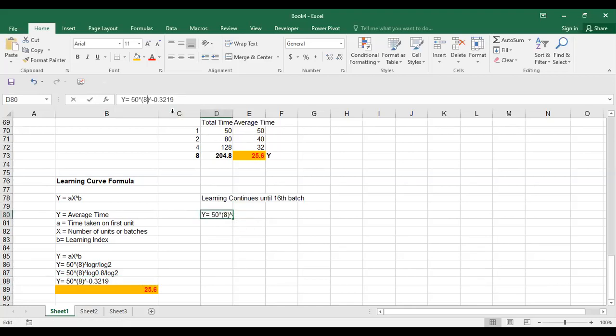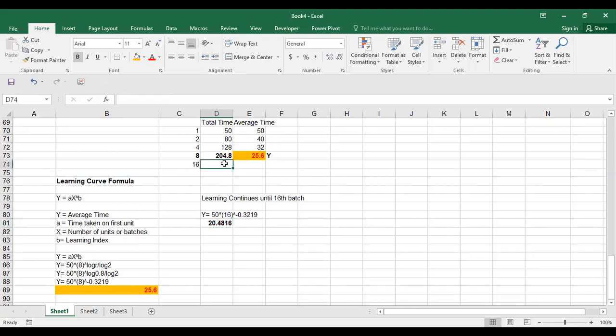Instead of putting 8, just make it 16, because this is your X. X is the number of units or number of batches. Here we were using it for the 8th number. So if I have to find out for the 16th, I'll just replace 8 with 16. And it gives me 20.4816. And you can apply it here also.